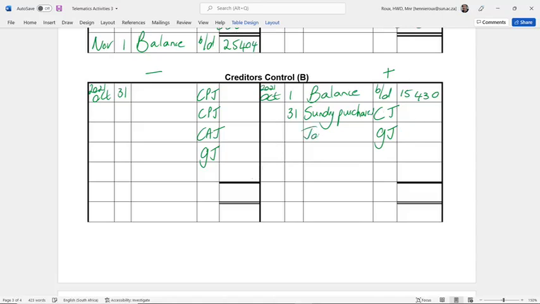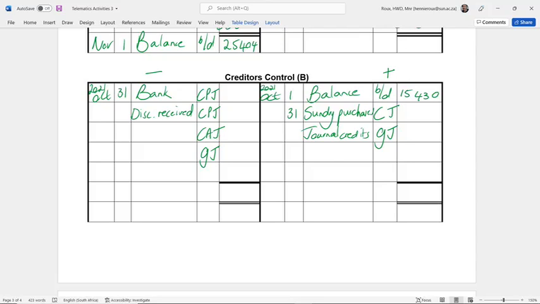Journal credits. We paid our creditor. We credit bank and we debit creditors control. We receive discount. Discount received is an income.